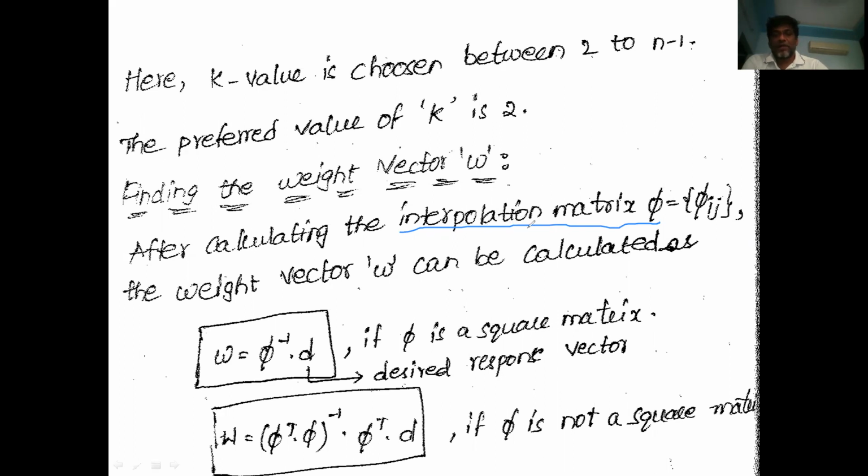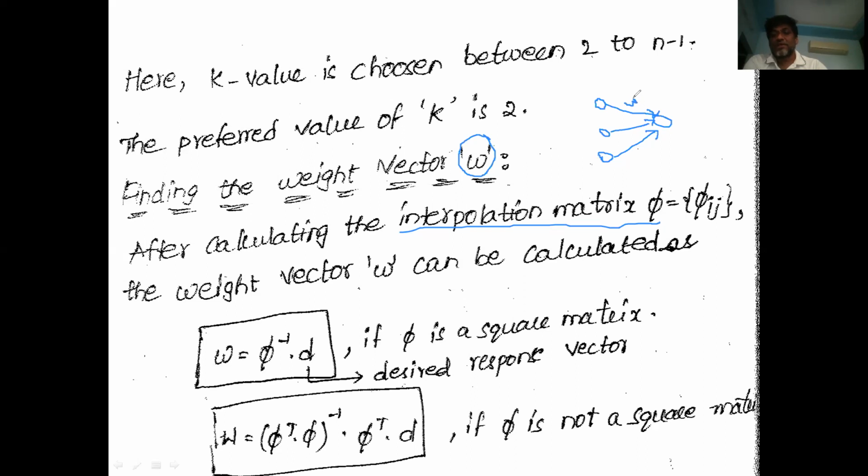All right. Now, our purpose is we want to find out the weight vector W. That means we want to calculate the weights that connect the hidden space to output space. Let us say we have this scenario where the weights are connected from the hidden layer to the output layer.